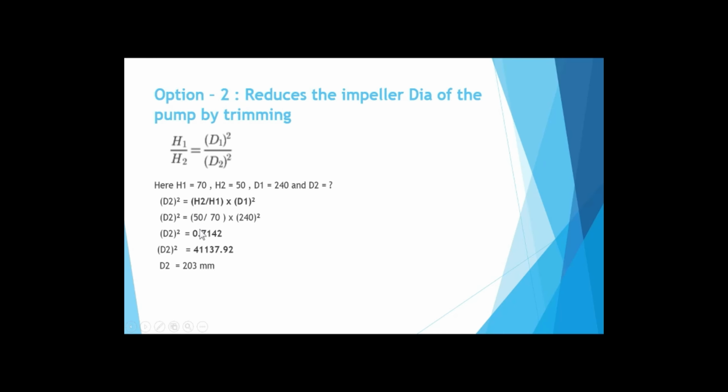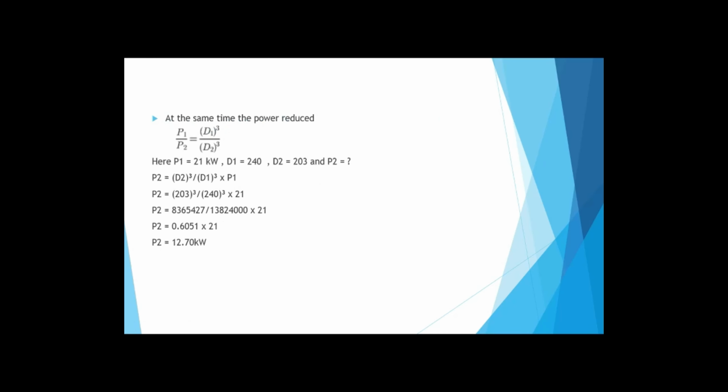So for sure the power consumption is also going to reduce. So P1 by P2 equal to cube of D1 by cube of D2. Here P1 is already given, 21 kilowatt, D1 also 240 mm, D2 we calculated just before, and P2 we will calculate now.